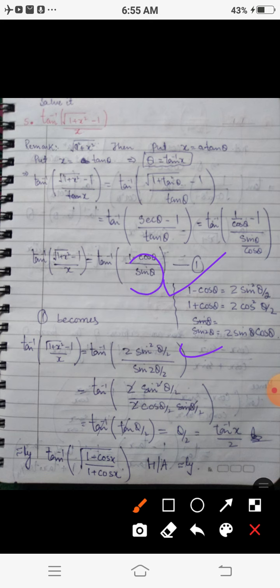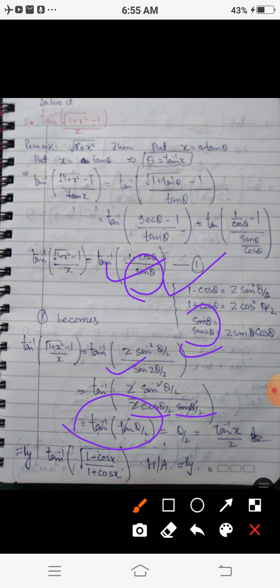Here we have the full angle in sine theta, so we can write it as twice sine theta by 2 cos theta by 2. Sine and sine cancel, 2 and 2 cancel, so it is simply tan inverse of tan theta by 2.